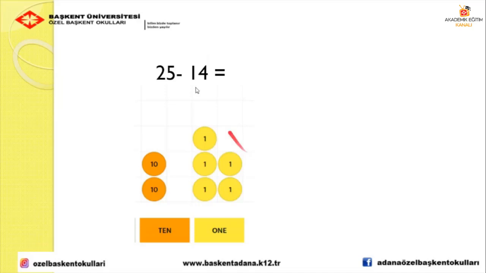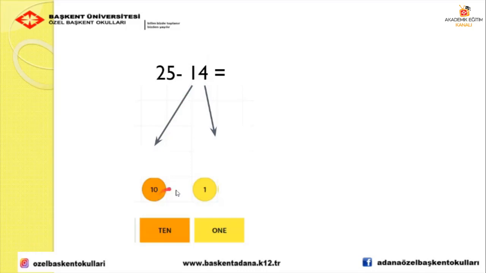Once again, we are going to use place value to make it easier. We need to take away 13. 4 ones will disappear. And also 1 ten. The answer is 11. It is easy, isn't it?